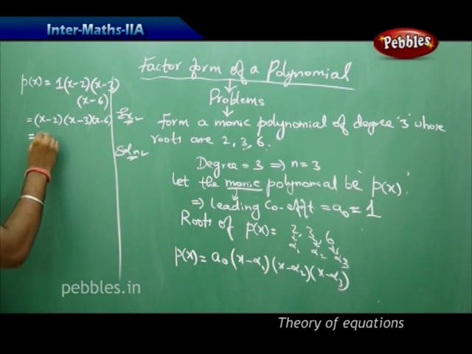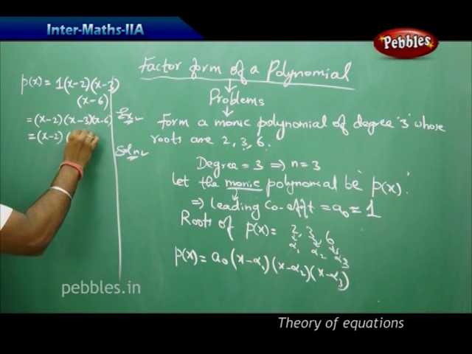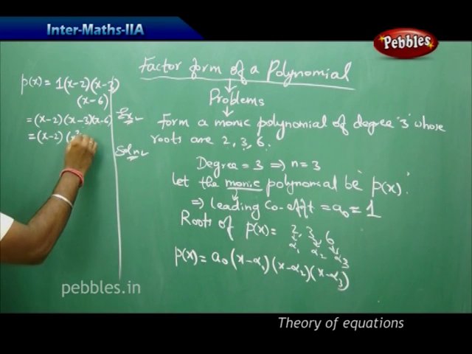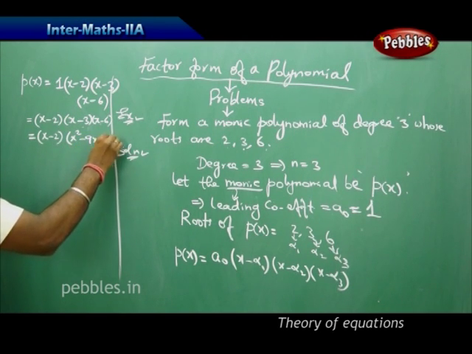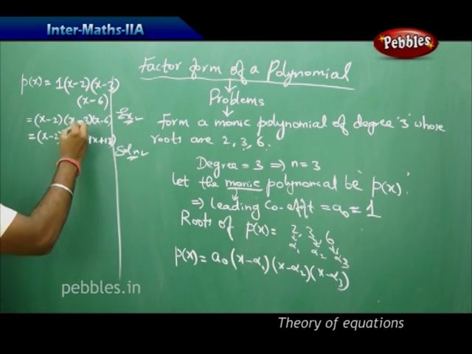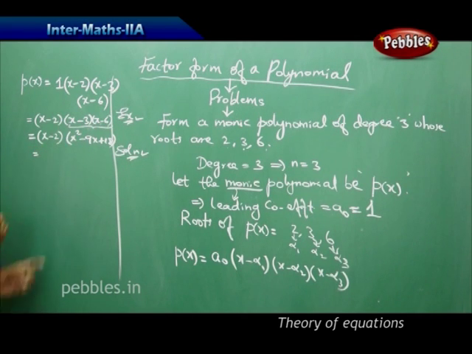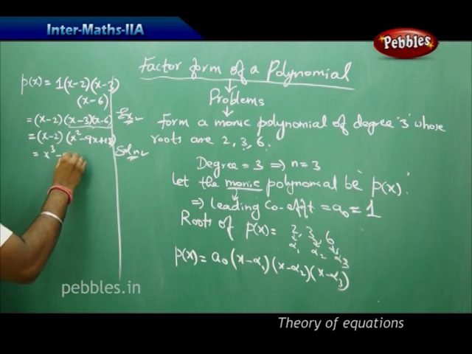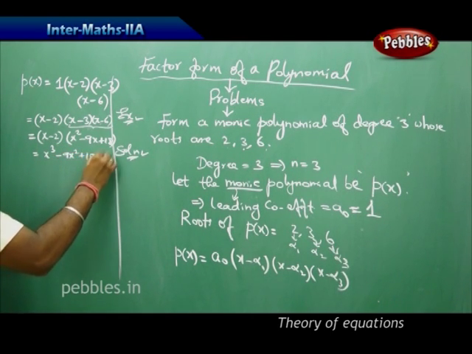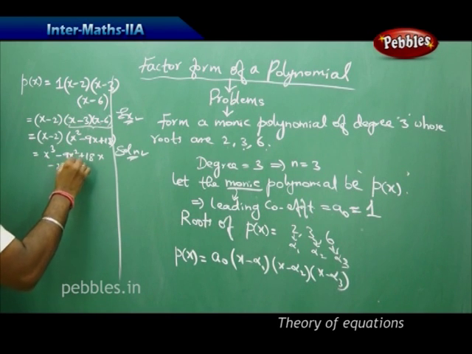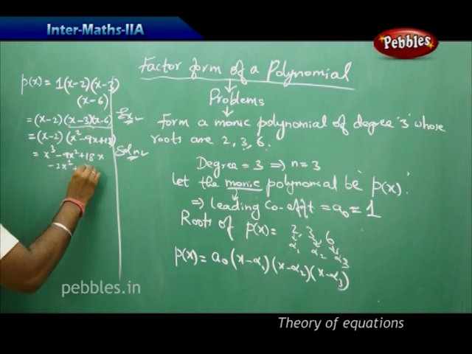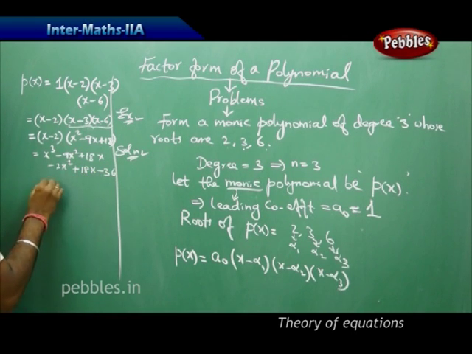So let's simplify this in the form x minus 2 times x squared minus 3x minus 6x plus 18. Initially I simplified these two factors and then simplify the rest, so that this comes as x cubed minus 9x squared plus 18x minus 2x squared plus 18x minus 36.